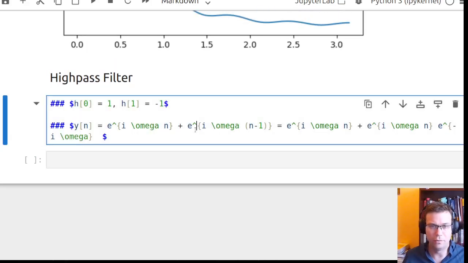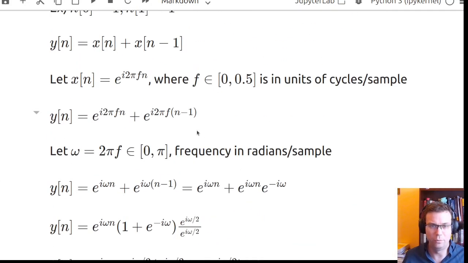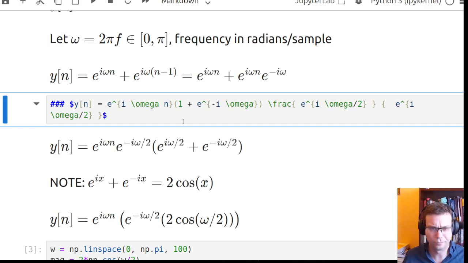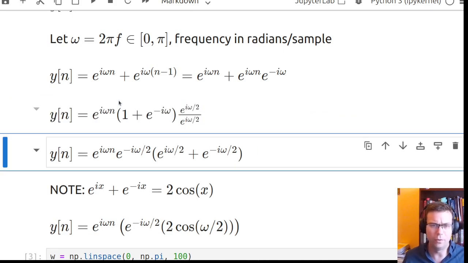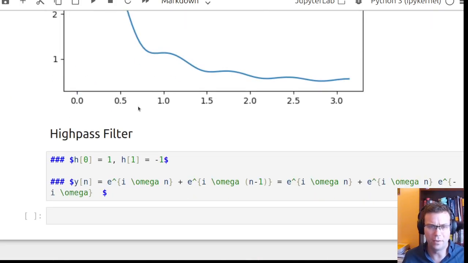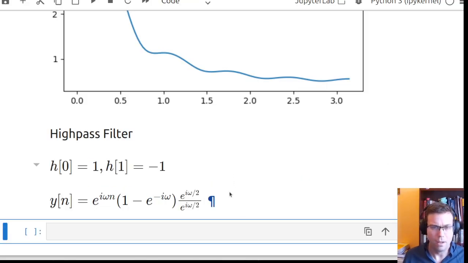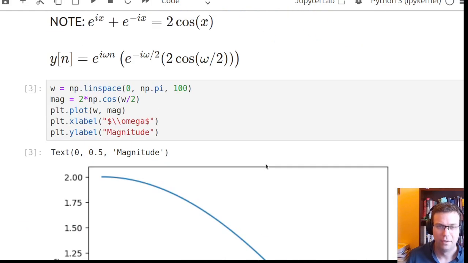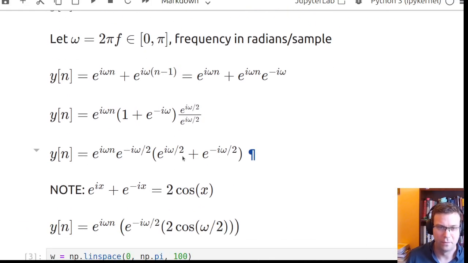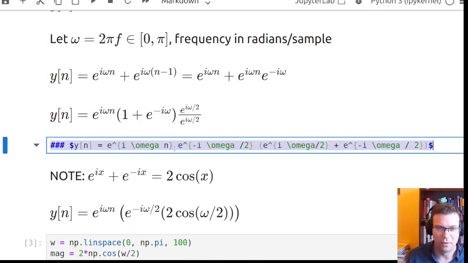The difference is going to be that instead of 1 plus e to the negative i omega, we're going to end up with 1 minus e to the negative i omega. But I'm going to do the same trick where I multiply by a fancy 1.